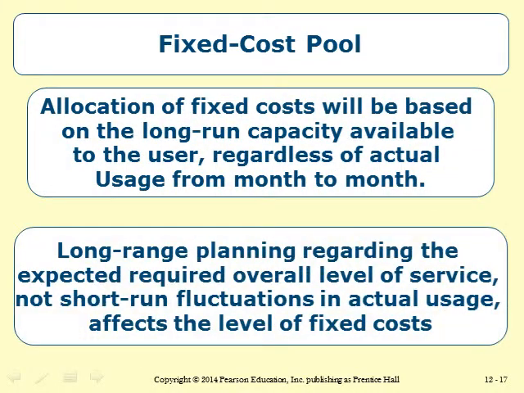So let's consider further the allocation of fixed costs based on predicted usage. This means that the allocation will be based on the long-run capacity available to the user, regardless of actual usage from month to month. The reasoning is that long-range planning regarding the expected required overall level of service, not short-run fluctuations in actual usage, affects the level of fixed costs.